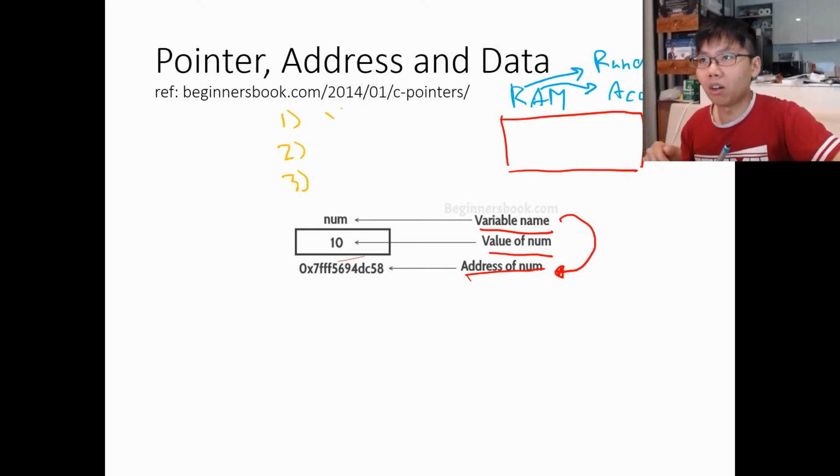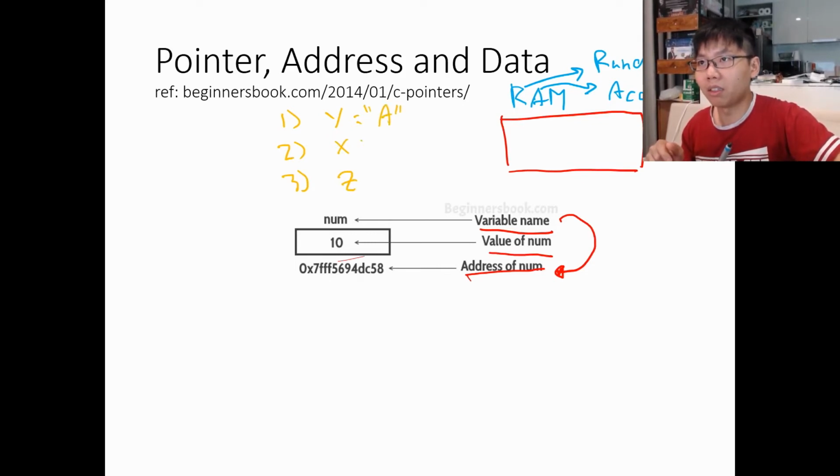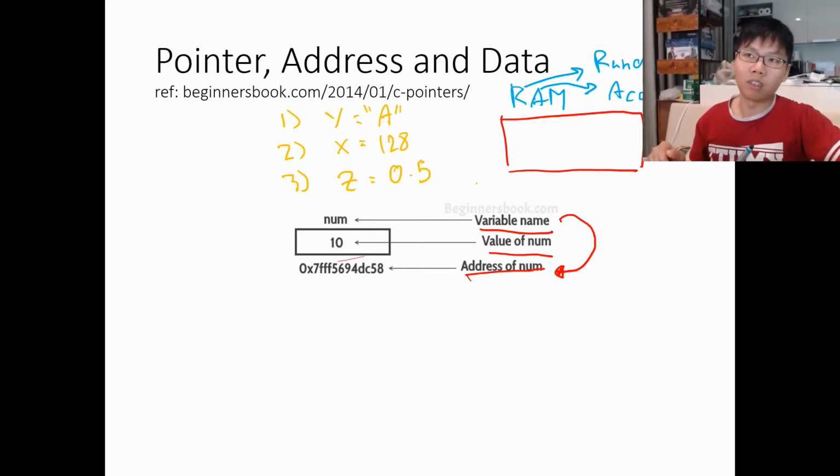You might declare y, x, c, 3 different variables, which are equal to, I don't know, maybe a character, a number, a floating point. Okay, but each of them is not stored in this specific order in RAM.